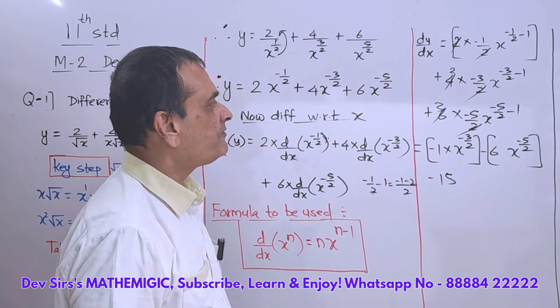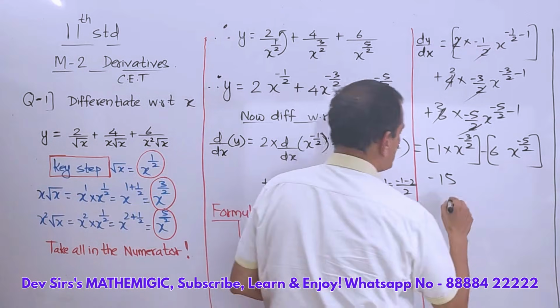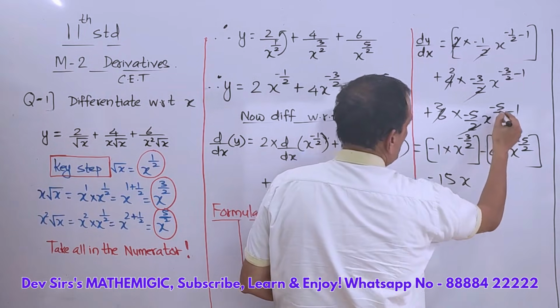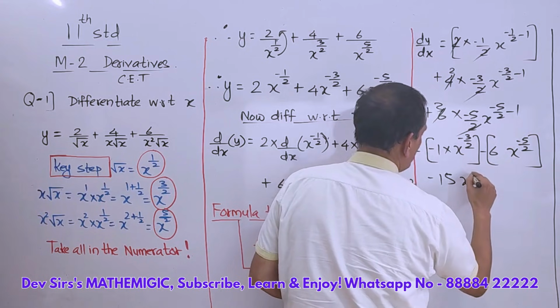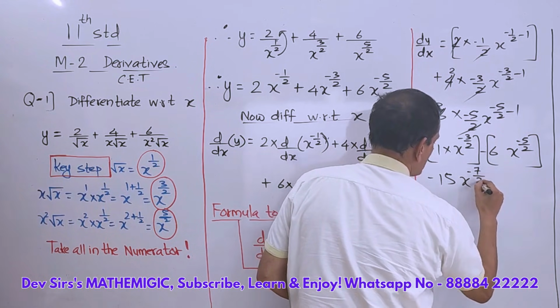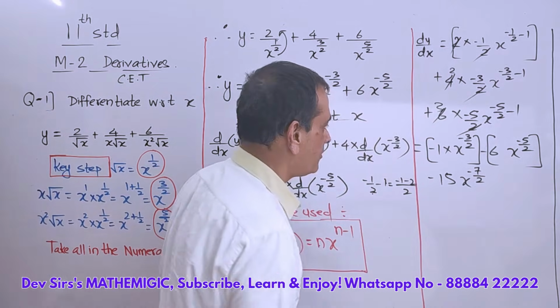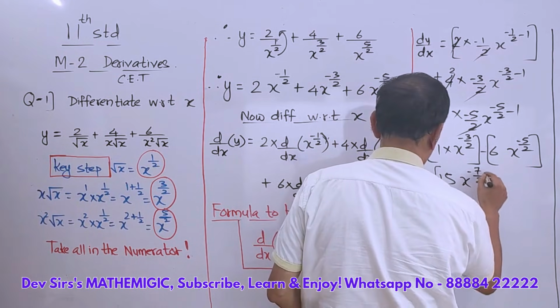So minus 15, x raised to minus 5 minus 1 into 2, minus 7 by 2. Practice these laws of indices and addition, subtraction, finding LCM. This is over.